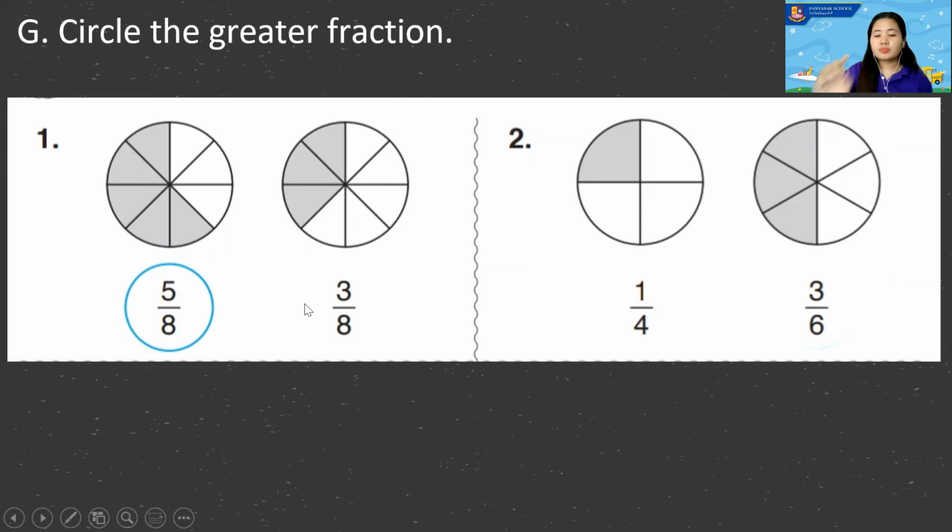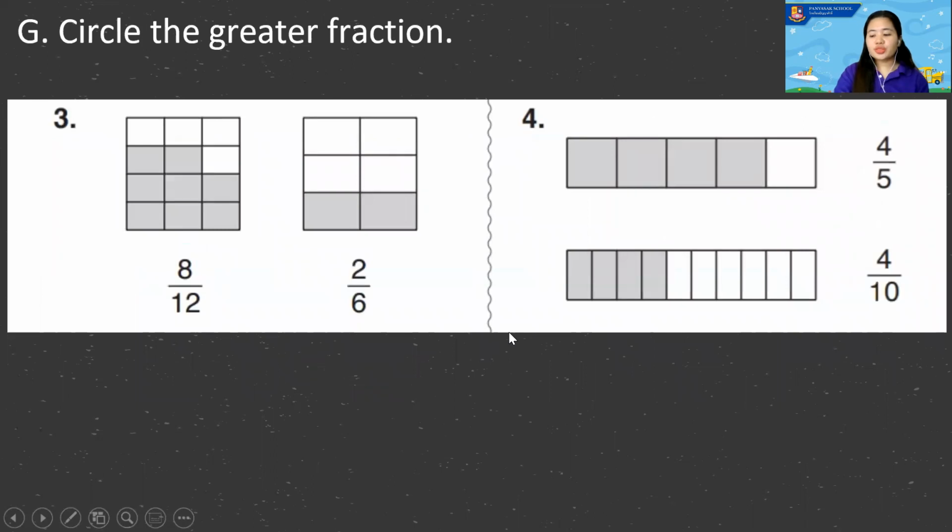Circle. Okay, you circle. How about number 2? We have 1/4 and 3/6. So what do you think is the greater fraction? The bigger fraction is 3/6. Okay, good job. Next, let's go to number 3.